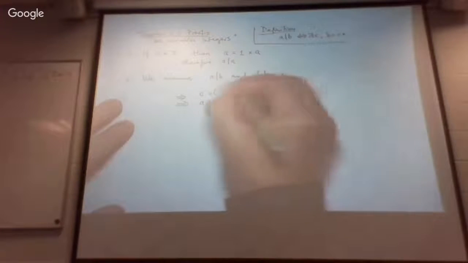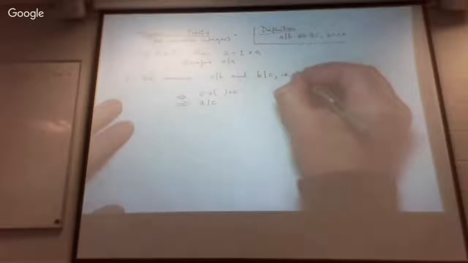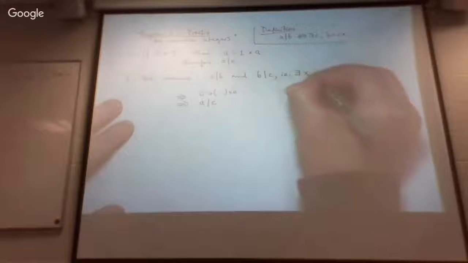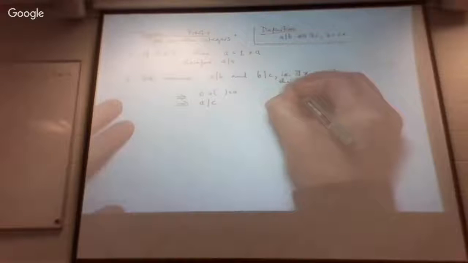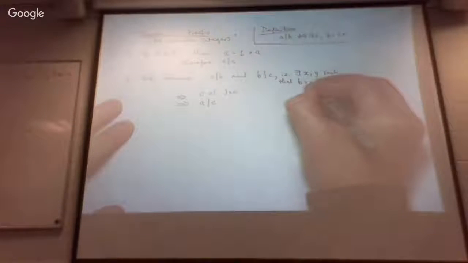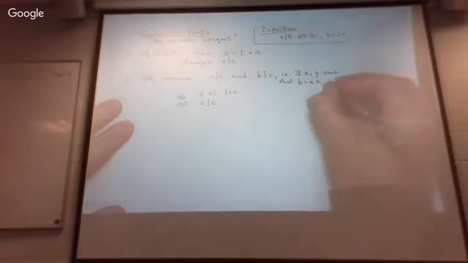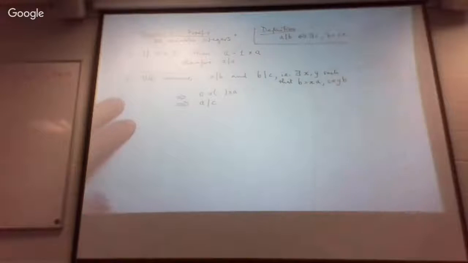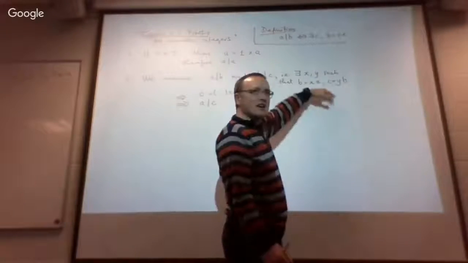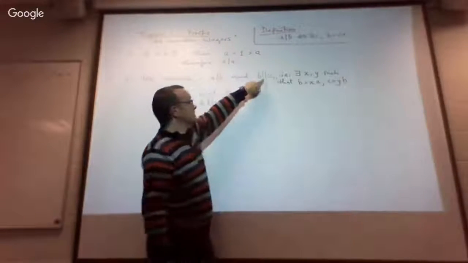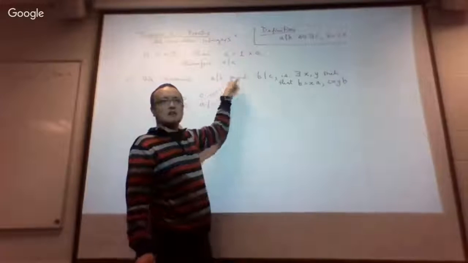So if these two hold, I'm going to say that there exists an x and a y such that b is equal to xa, c is equal to yb. Okay, everything is integers. All I did was unravel the definition, just write down the meaning of the definition.